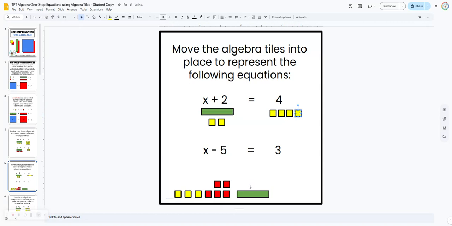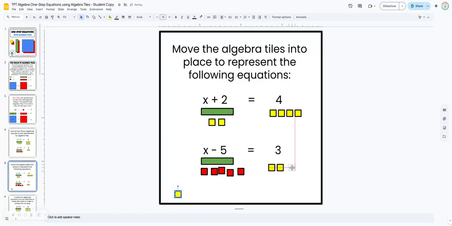And then the next one is x minus 5, which means we're going to have 5 red pieces, equals 3. So students are going to do this and just represent each equation.